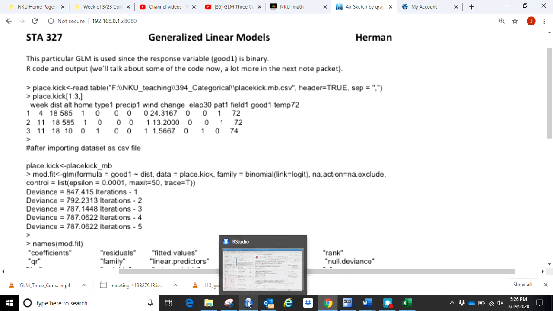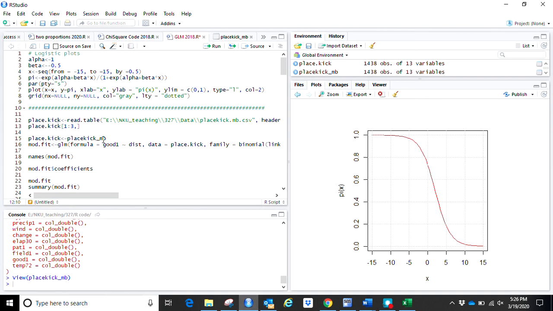Now let's look at the actual code so you can see what it looks like. So again, this mod.fit is just the name of what I'm calling it, so you can name that anything you want. I'm just calling it mod for model and .fit since I'm fitting the model. The function we are using inside of R is this glm function, and you'll see how everything popped up there, showing you the defaults of a lot of things and what it's looking for.